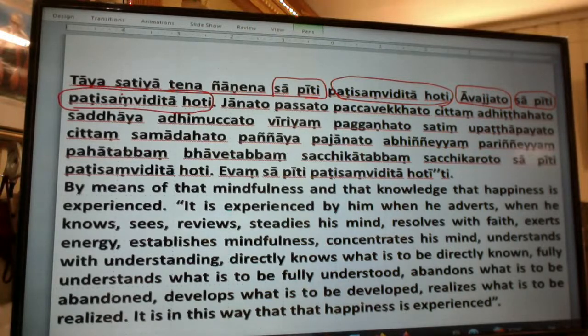Okay? And then jhana do, passato, pachavakana do. Jhana do is knowing. Passato is watching, seeing. Knowing, seeing that person. Pachavakana do is reviewing.